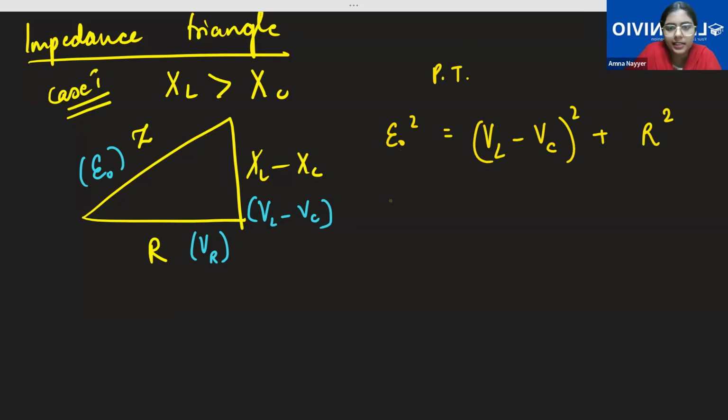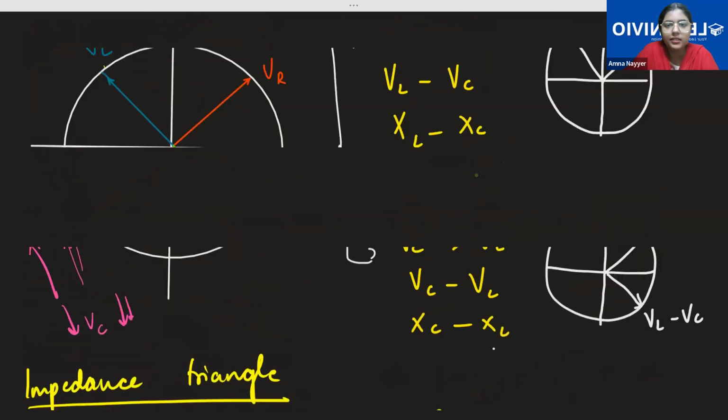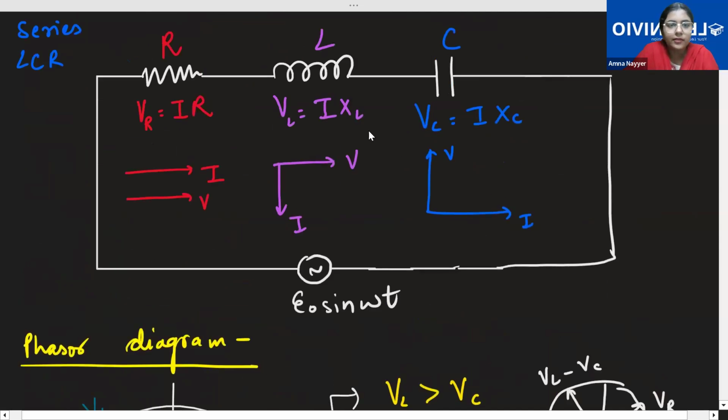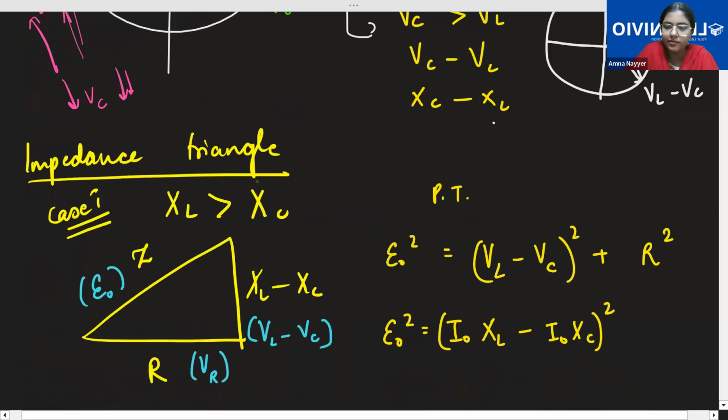Let's not replace the values yet. E naught square can be written as (I naught into XL minus I naught into XC) whole square. What have I written? These ones only: IR, IXL, IXC, the same ones.